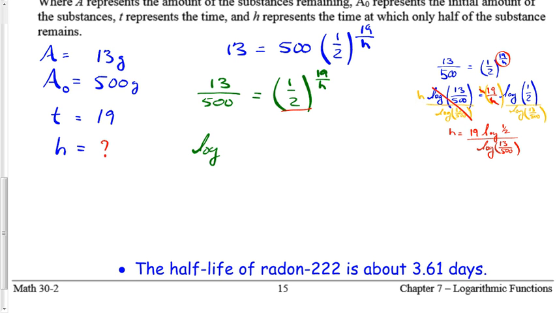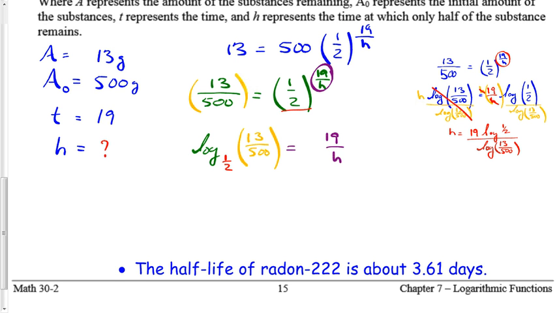My base in the power is 1/2, so my base in the logarithm is 1/2. The logarithm is equal to an exponent, so it's going to equal the 19 over h. And it operates on the power, and this is equal to my power, so here I'll have 13 over 500.